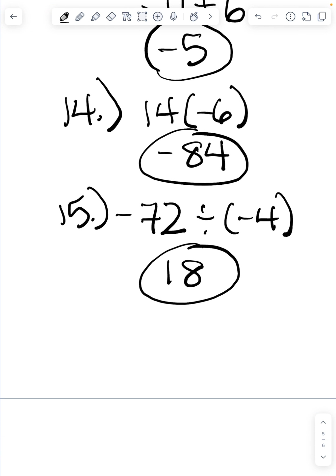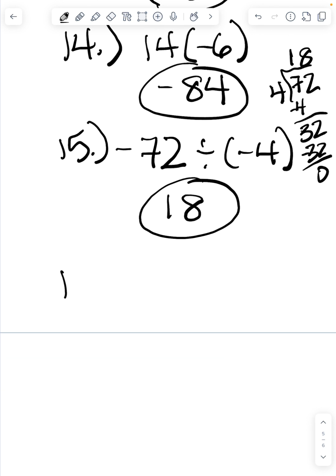If you have a calculator, I don't mind if you're doing some calculator work here with the 72 and the 4. If you don't, I would just be over here on the side. I wouldn't waste time trying to think about it. I would just do some side work over here, do some long division quick, and you'll figure out pretty quickly it's 18.